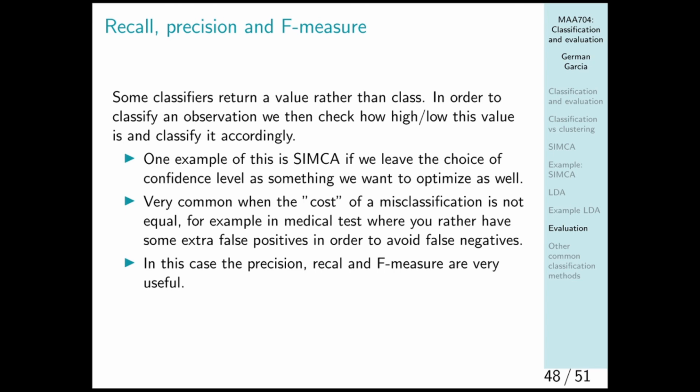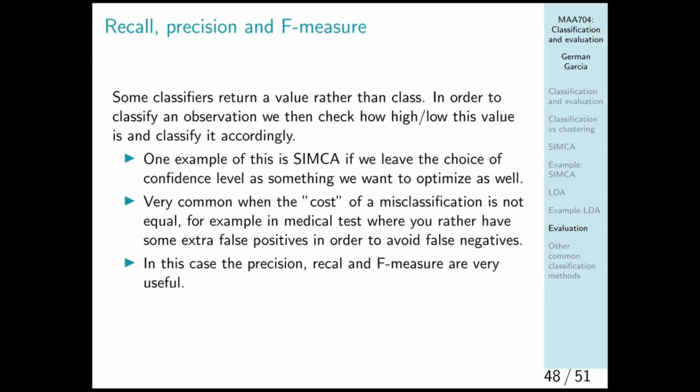Then the classifier returns that value, that confidence level. This is pretty common when the cost of a misclassification is not equal. For example, if you're doing a medical test, you would rather have some extra false positives in order to avoid false negatives, as a false positive is probably bound to not kill anyone, but a false negative will. You know how this works.